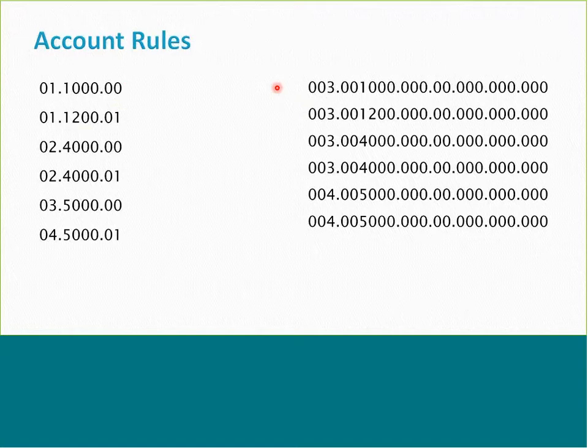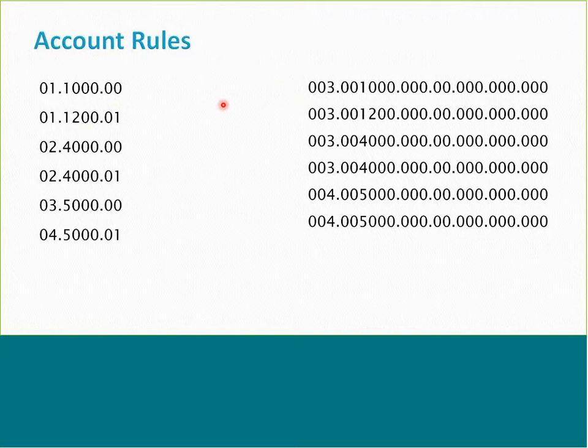So it just depends on the combinations that you have or the values that you have in either segment, the subsidiary and the parent. But then again, as I said, account rules can be time consuming, because if you have hundreds of combinations or many combinations, then it will take a lot of time to enter the rules for each and every account.